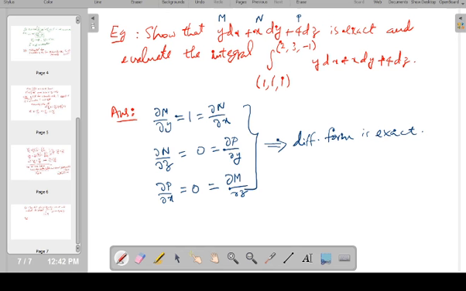Exact. Now I want to evaluate this integral. How do I do that?